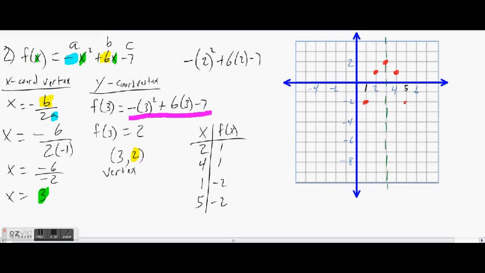So I'm going to go 2 spaces to the right. And here's the graph. Oh, I totally missed there. Let me try one more time. Yeah, still not good, but you guys get it. Right?